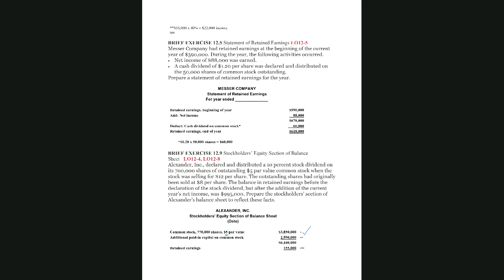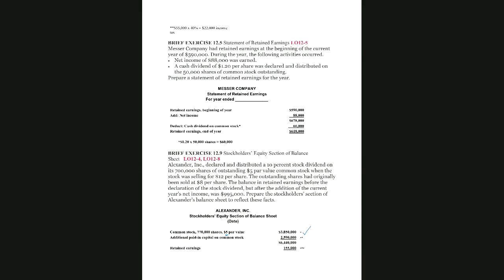Now we have to consider the additional paid-in capital. This is a little tricky, because the corporation basically had two different events that affected the additional paid-in capital account. Remember, the amount that gets credited to the additional paid-in capital account is always the excess amount paid over par.